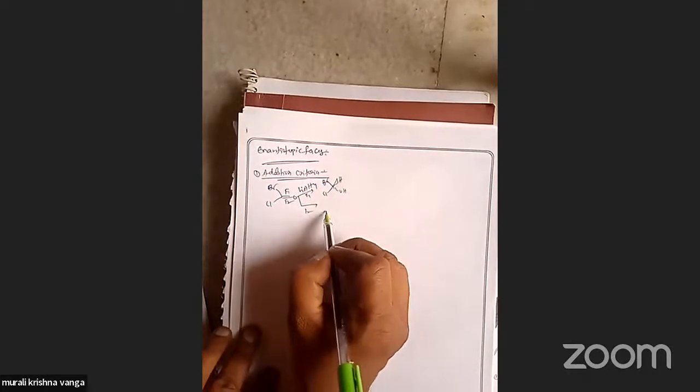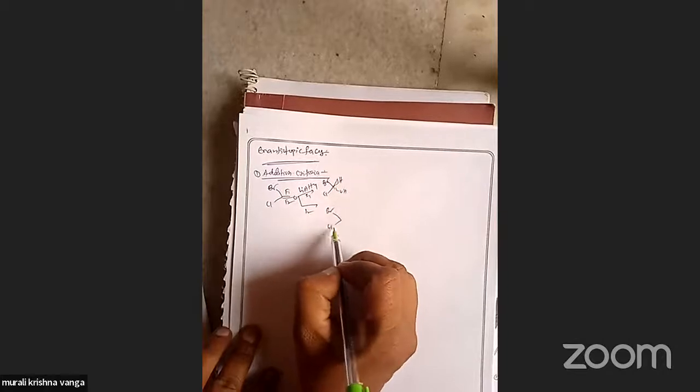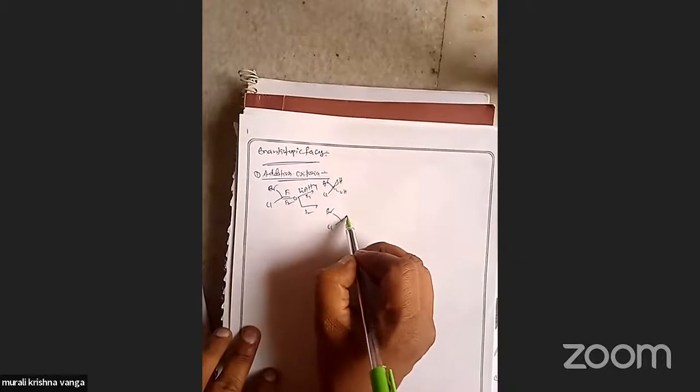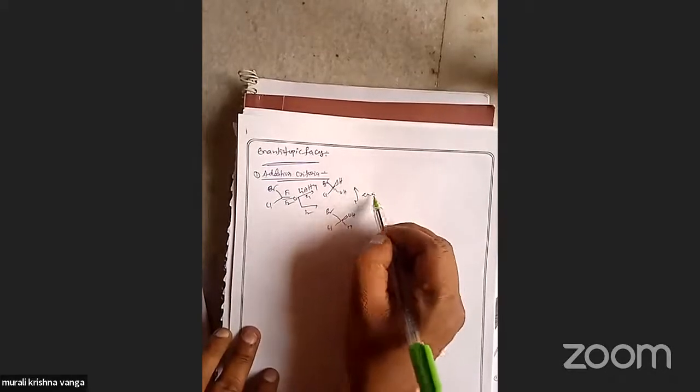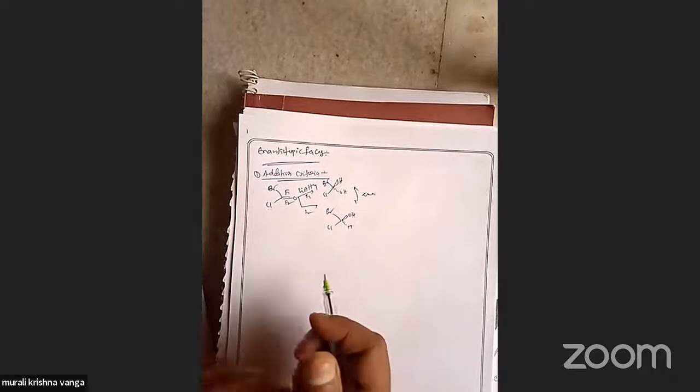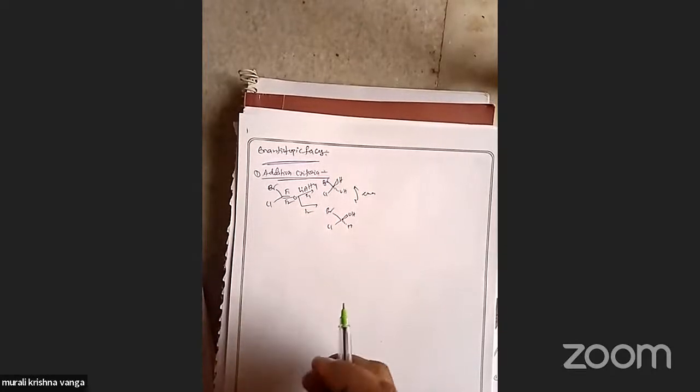From the F2 side: chlorine, and here OH, hydrogen. So these two are enantiomers. Therefore, the F1 and F2 faces are enantiotopic faces.